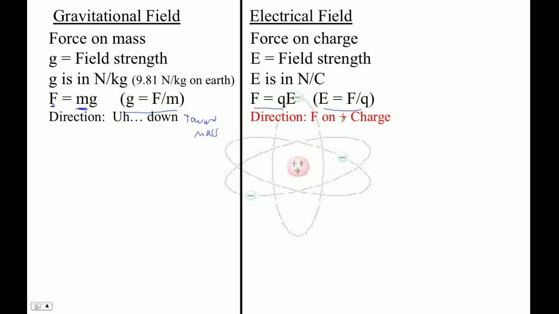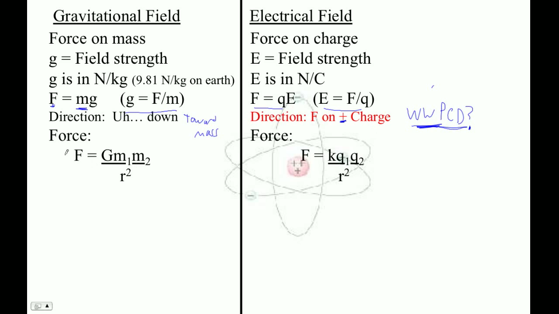In electric field, it's the force on a positive charge, the direction. It is what would positive charge do? You've heard of what would Jethro do, or what would Barack Obama do, but what would positive charge do? That's what we're talking about here.